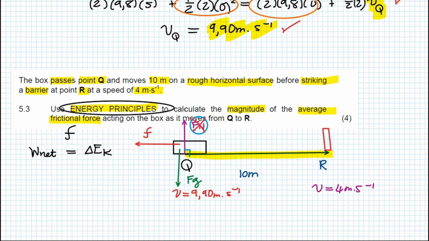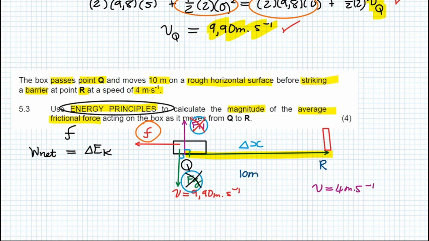If we consider Fg, it is also perpendicular to the displacement, change in x, of the object. Therefore, Fg is also not doing any work. That means that the only force that is doing work is the friction force, and that means that the net work is done by the friction force alone.